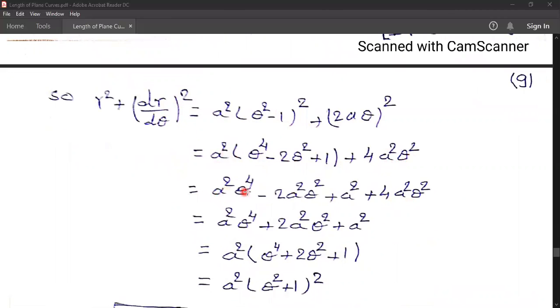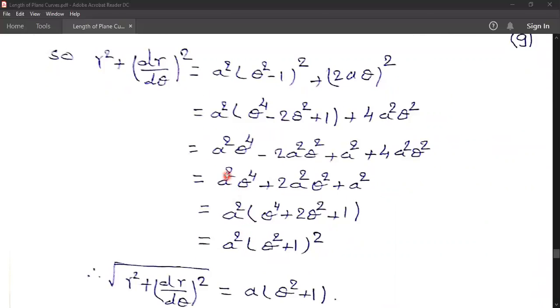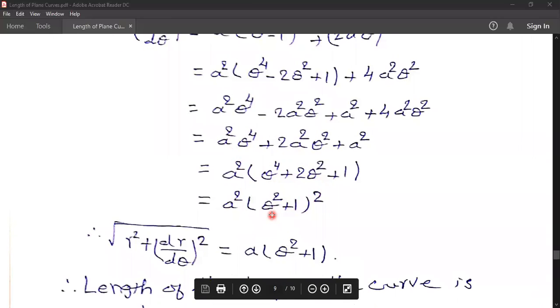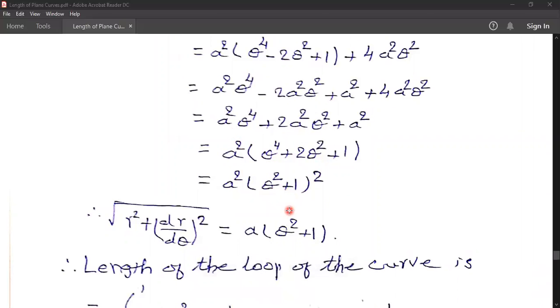Then again, this is a square theta raised to 4 minus 2a square theta square plus a square, and then plus 4a square theta square. Now this and these two are added. This becomes equal to a square into bracket theta raised to 4 plus 2 theta square plus 1. Then this is nothing but (theta square plus 1) bracket square. That is a square into (theta square plus 1) square.